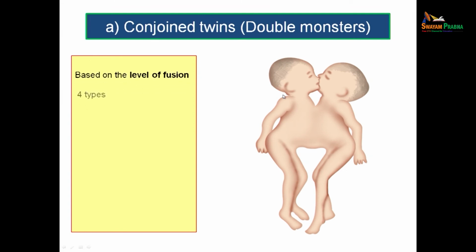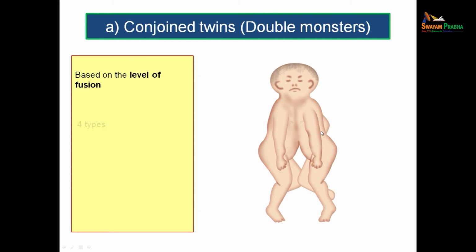And this is another variety of conjoined twins. You call it as thoracopagus. What do you mean by thoracopagus? You can see that at the region of thorax, the twins are fused. This condition is known as thoracopagus. Another variety which we come across under the heading of conjoined twins is cephalothoracopagus.